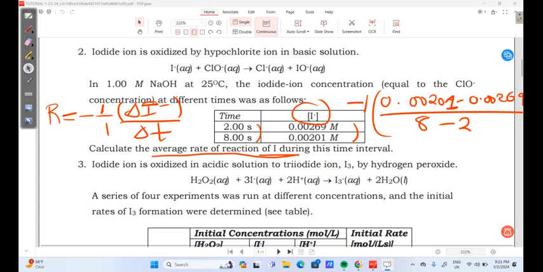So in the question, the temperature is 75. Okay, good question. They just put it there for nothing. We're not using it. 25 degrees Celsius is room temperature. The formula for the average rate has got nothing to do with temperature.